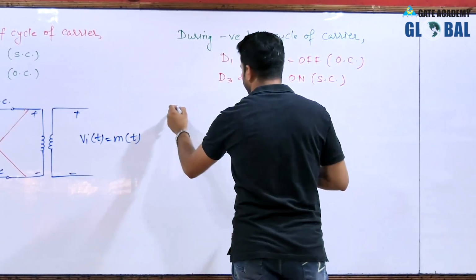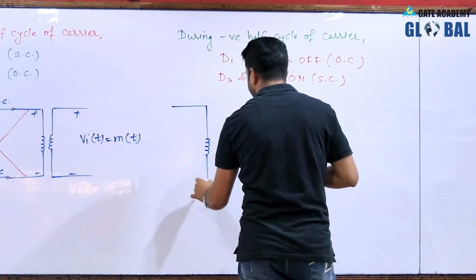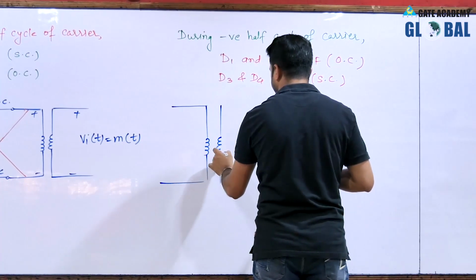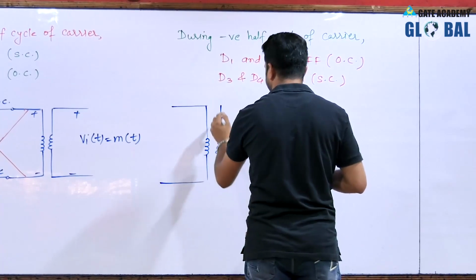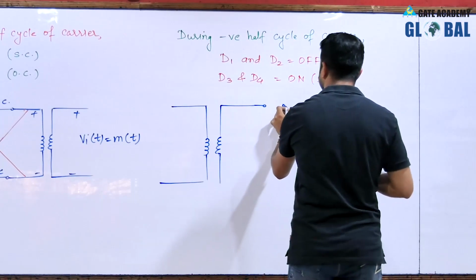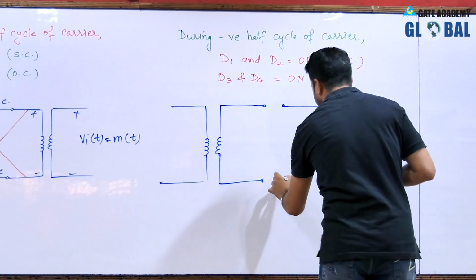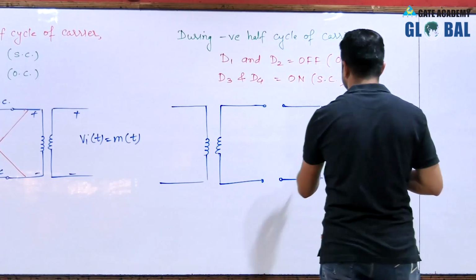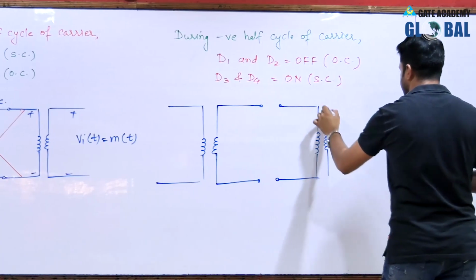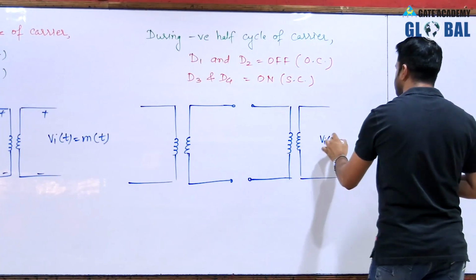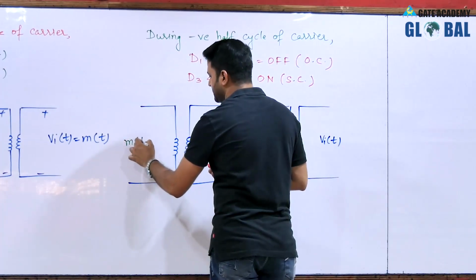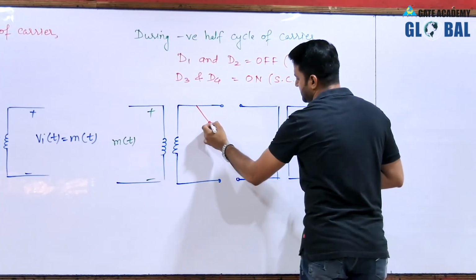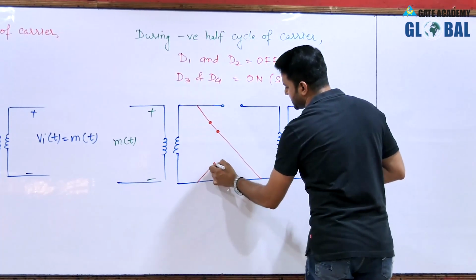According to this, if we draw the circuit diagram separately, this is open circuited, here we have the message signal m(t), suppose this is plus and minus, and diode D3 and diode D4 are short circuited.